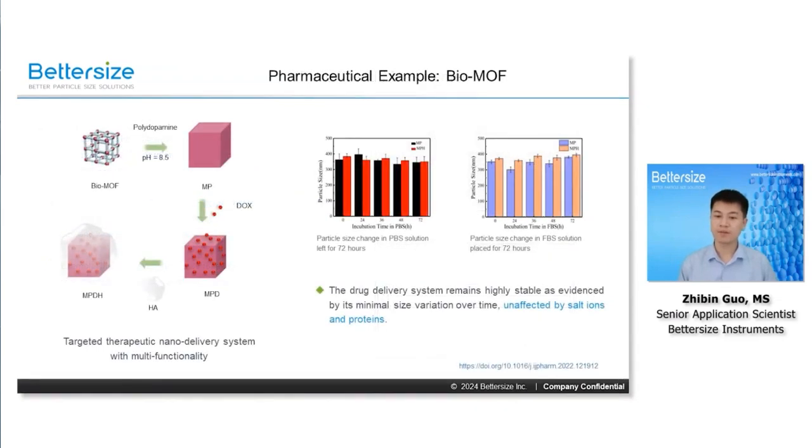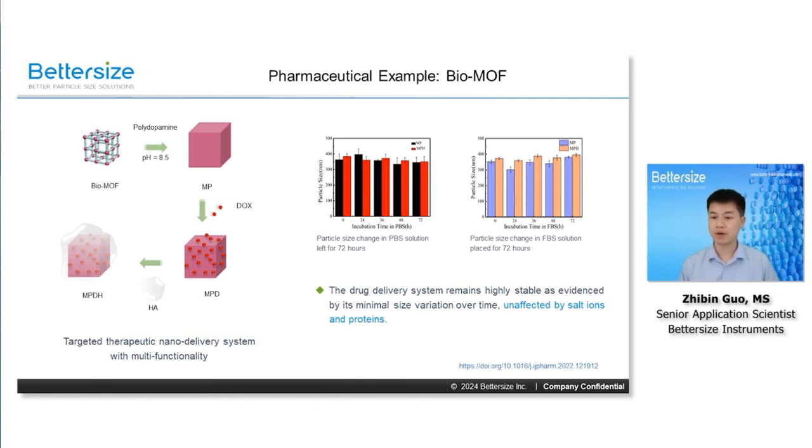In this slide, we will explore an example of a target drug delivery system utilizing biometal organic frameworks, abbreviated as BioMOFs. This framework serves as a foundation for developing highly stable and effective therapeutic nanodelivery systems. The process begins by coating BioMOFs nanoparticles with polydopamine at a pH of 8.5, resulting in MP nanoparticles.